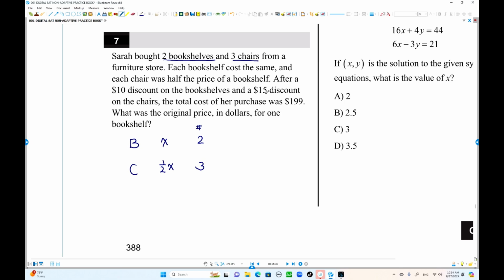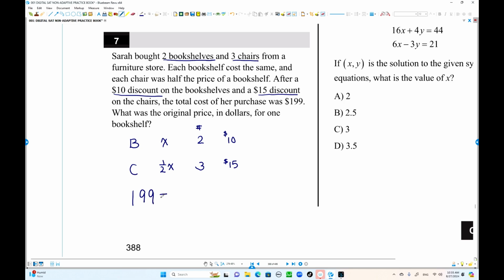Okay, after that, there are discounts, all right? Okay. $10 discount on the bookshelf. That is $10 discount. And the other one is what? Chairs $15 discount. So total cost of a purchase was $199.